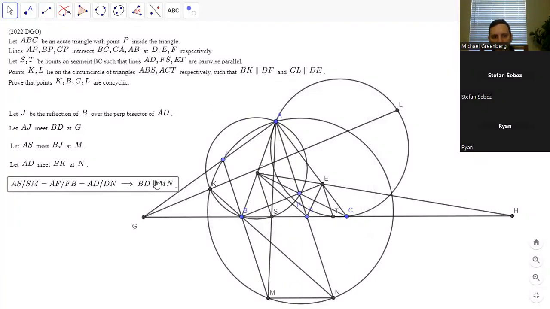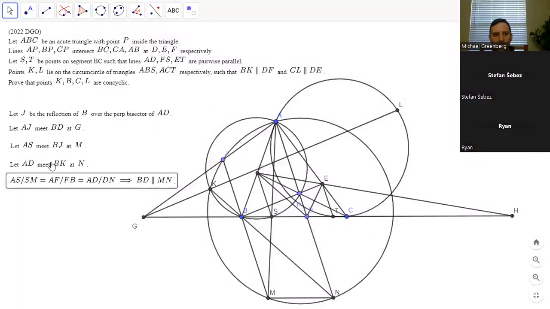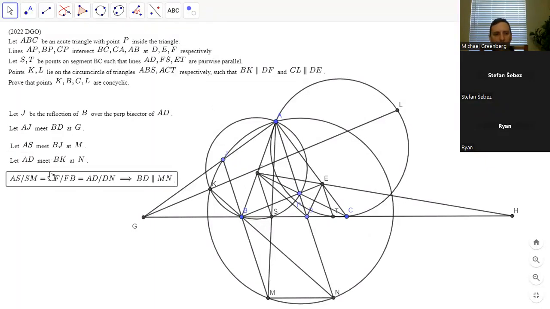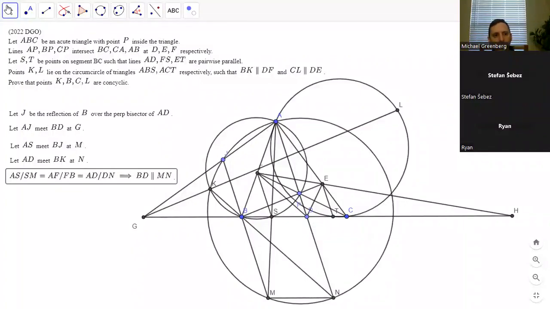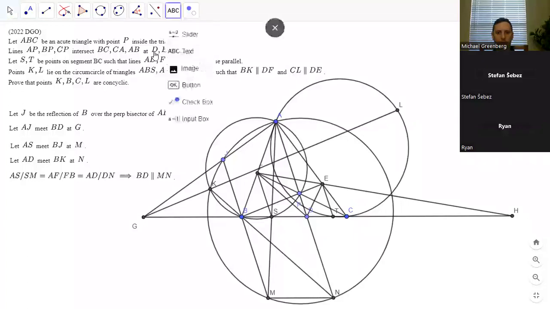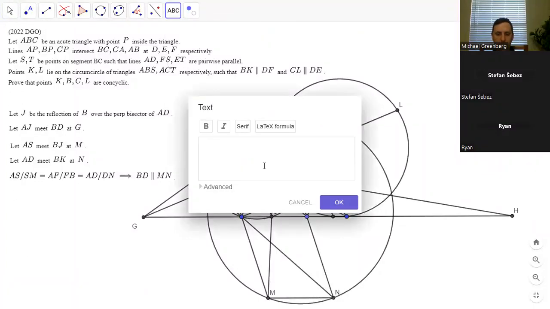And that means that it's clear that AJMN is an isosceles trapezoid, so it's cyclic. AJBD is an isosceles trapezoid, so AJMN is also, and thus cyclic.